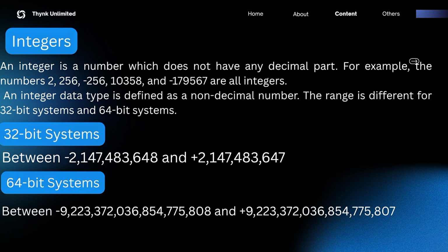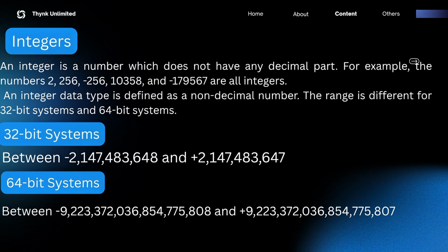This means that any number outside of this range cannot be represented as an integer and will automatically be converted to a floating point number. For example, if you try to assign a number larger than 2,147,483,647, PHP will treat it as a float to prevent overflow errors.